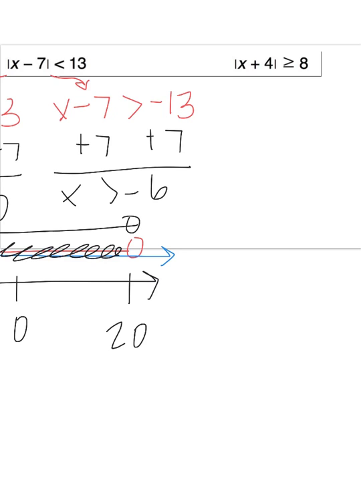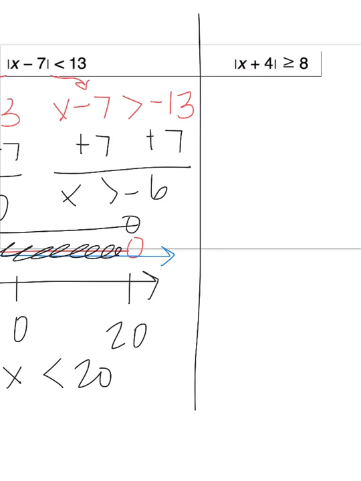So I'm going to do negative 6 is less than x, which is less than 20. That's my final answer. One hint that you can use is if you look at your original inequality statement, anytime that it's less than, or excuse me, less than or equal to, it will always be an and statement.